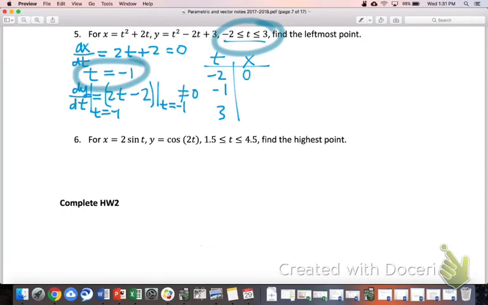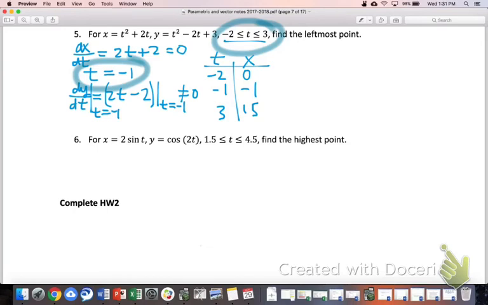What do you think? X coordinates of 0, -1, and 15? Yeah? Okay.